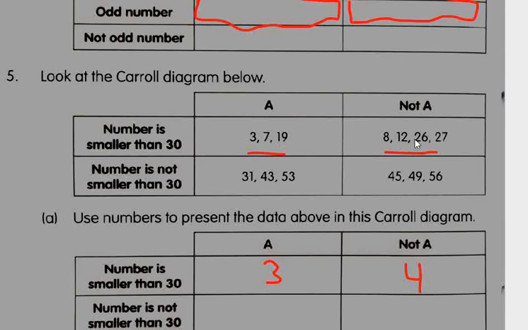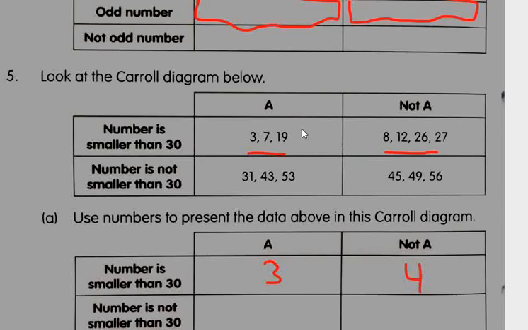Because all the numbers here are a combination of odd and even. So what is the correlation? Is it multiplication or what?